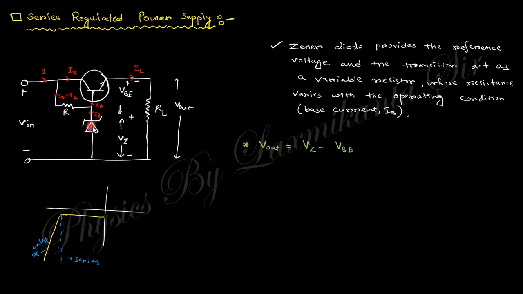Okay, here this is a fixed voltage and this is a variable resistance which actually controls the output to be constant. You can see here this is minus plus and this is plus minus, so this final voltage will be Vz minus Vb. And you can see this is forward bias and this is reverse bias, and this forward bias can help this resistance change, variable resistance actually. Finally the output will be constant like that.